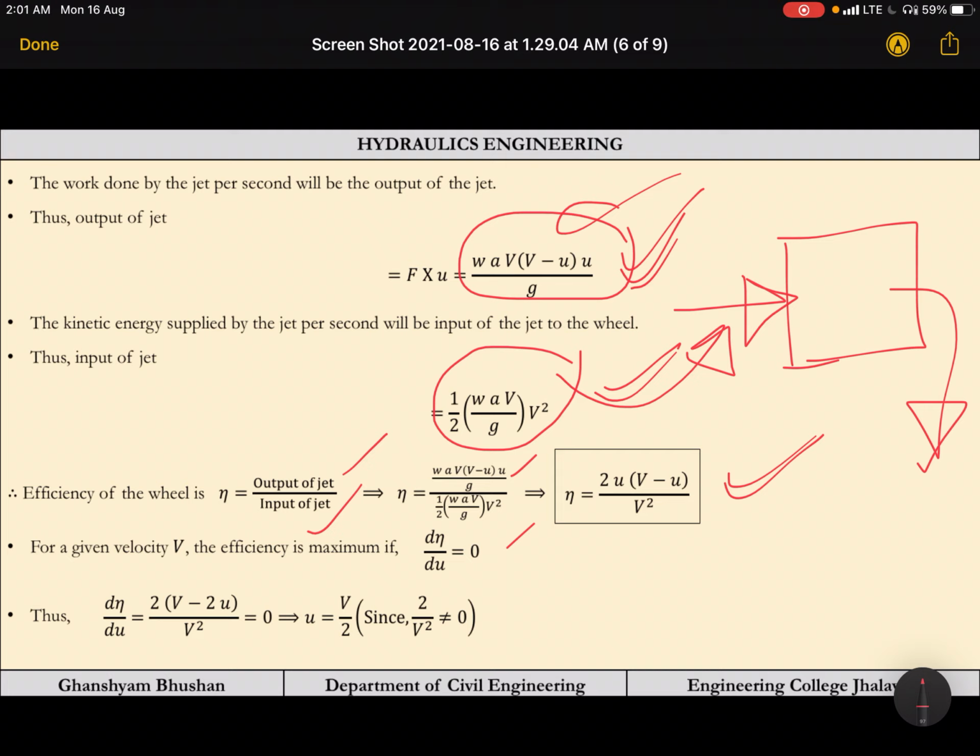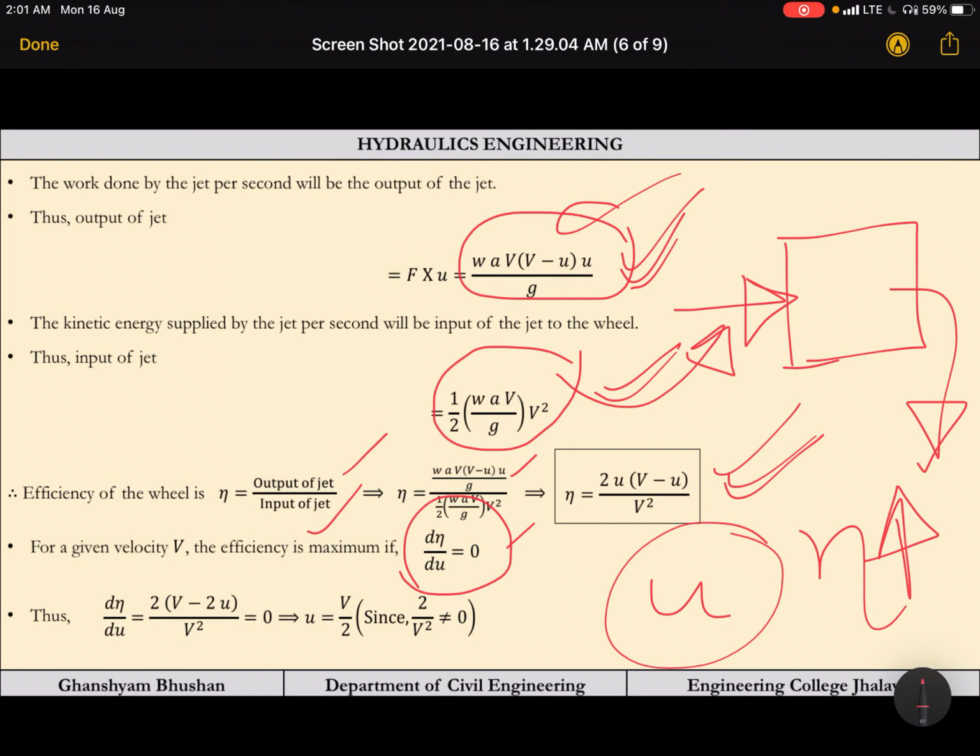For a given velocity capital V, the efficiency is maximum, so we want to calculate this u so that efficiency is maximum. How are we going to do that? We will check d eta by du, and by putting it to 0, we can get the value of u. After differentiating this, you get (2v minus 2u) by v square.